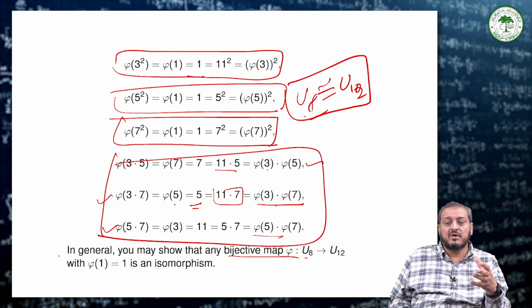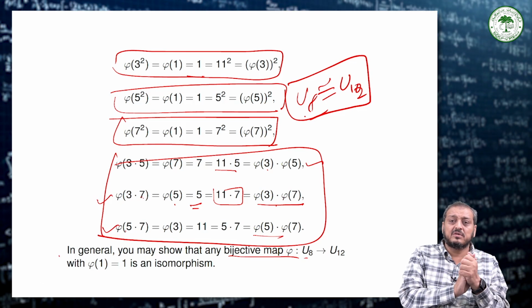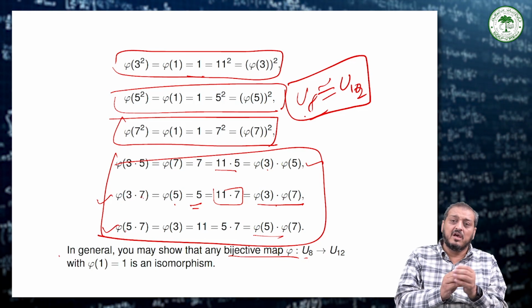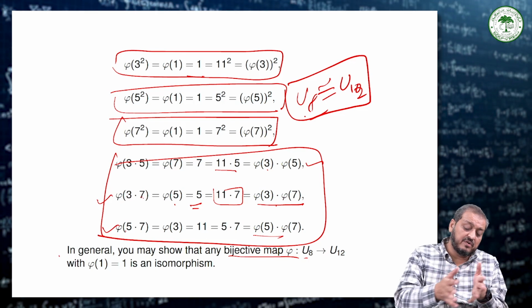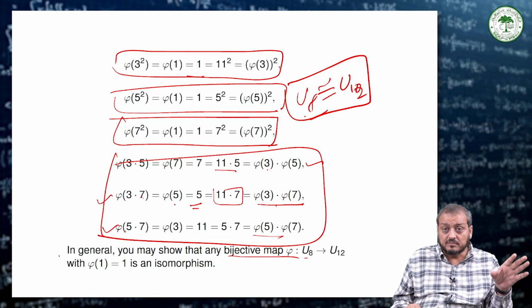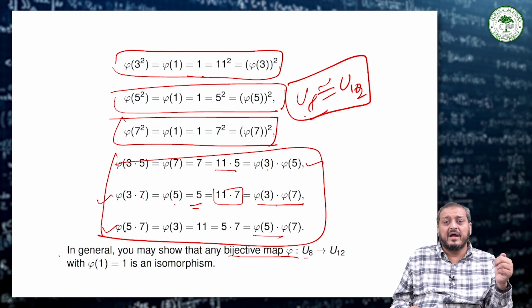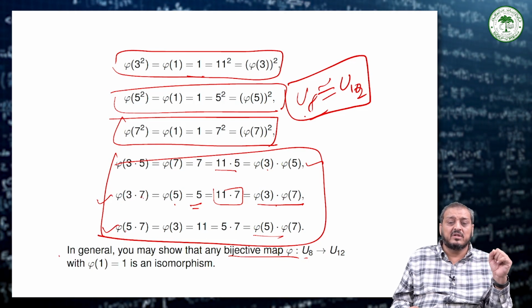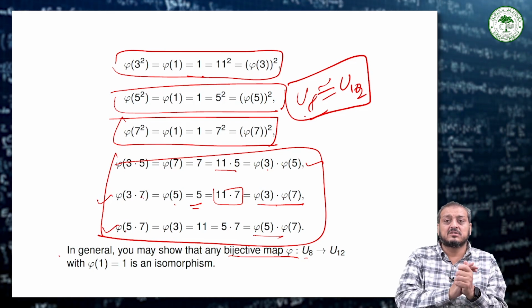After defining it, we discussed its properties and showed that the quotient group G by Z(G) is always isomorphic to the inner automorphism group of G, and that the inner automorphism group is a normal subgroup of the automorphism group of G. Finally, we proved that the automorphism group of Z10 is isomorphic to Z4, and that U8 and U12 are isomorphic to each other.